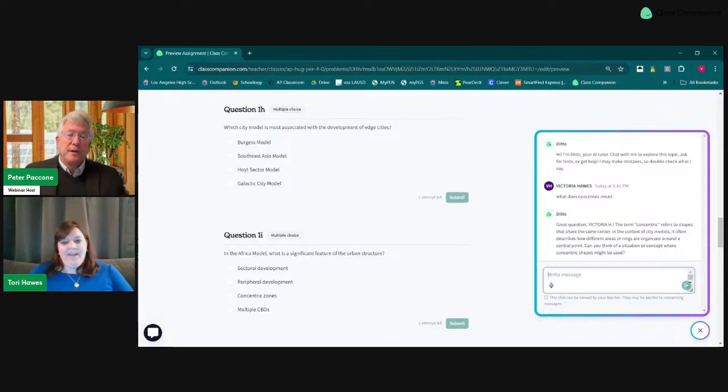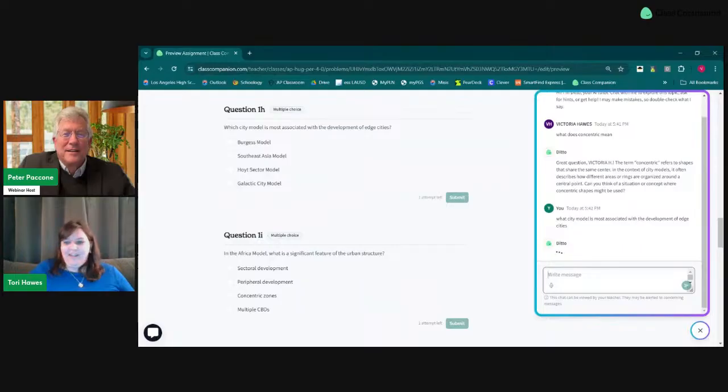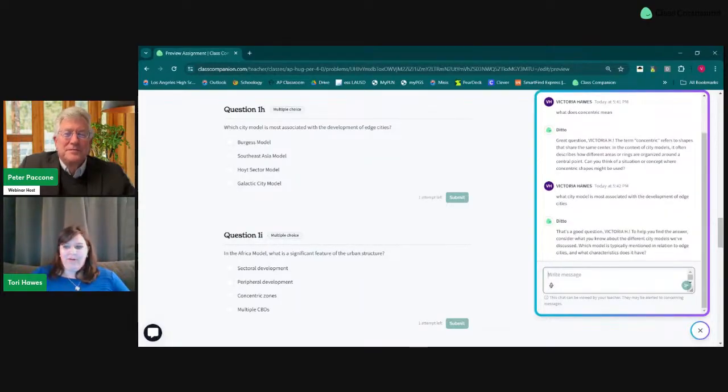Yes, but if they try and get sneaky and ask what city model is most, when you would do that, yeah. Because my students definitely like to try and just ask Ditto to answer the question for them. It helps you find the answer. Consider what you know instead of telling them flat out, here's your answer. Yeah.